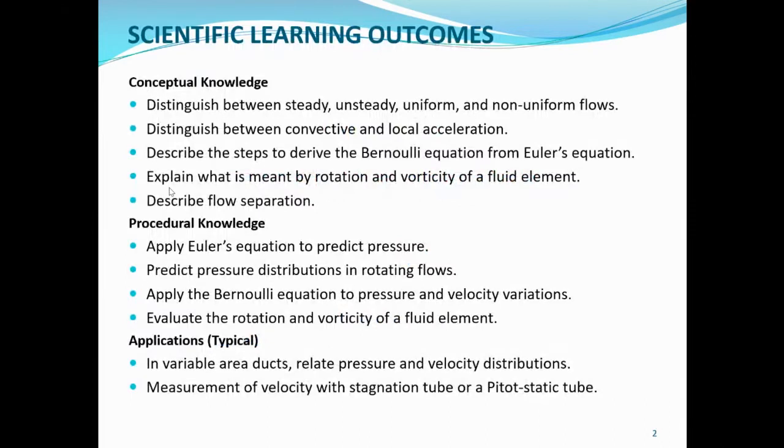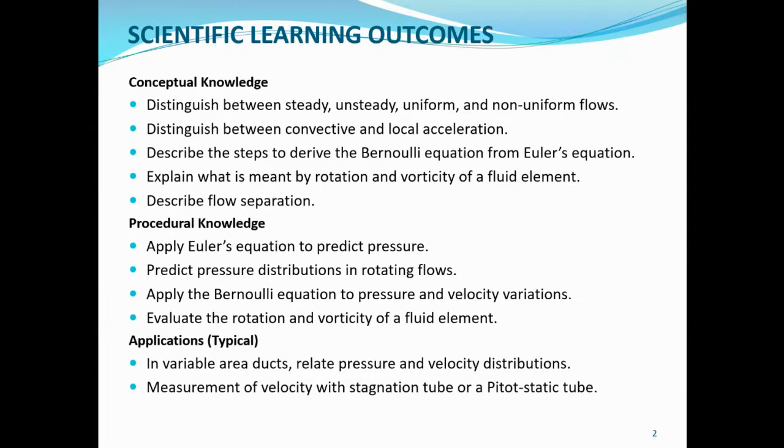The learning outcomes of this chapter include distinguishing between steady and unsteady flow, uniform and non-uniform flows, and other types of flows as well. Then we look at convective and local acceleration, and describe the steps to derive the Bernoulli equation from Euler's equation, explain what is meant by rotation and vorticity of a fluid element, and describe flow separation.